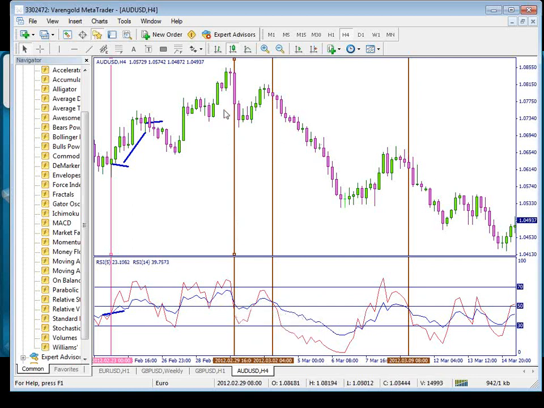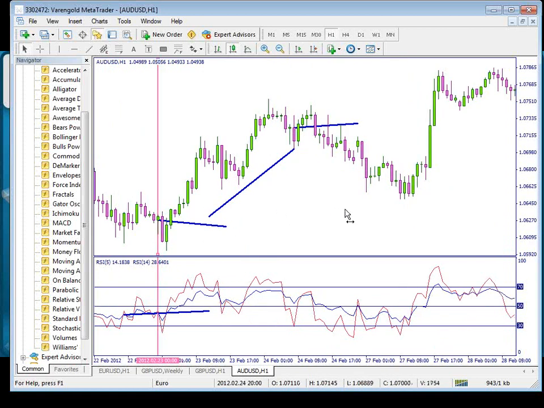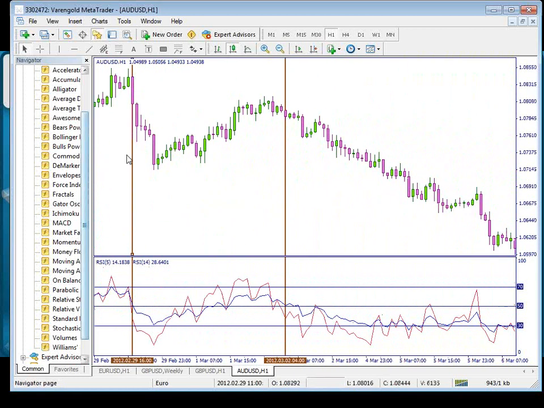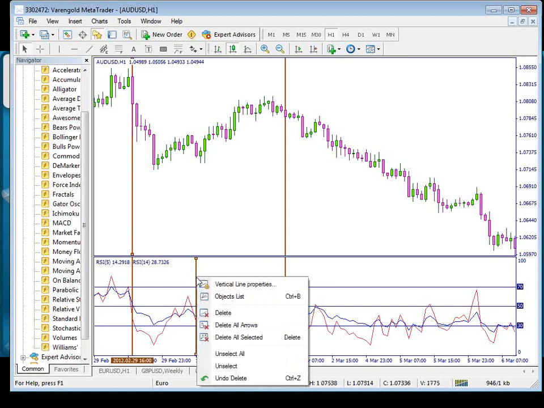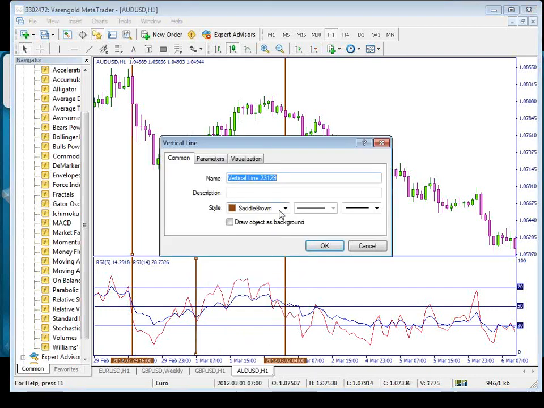Let's see in this area how many signals we have for 1 hour. I will change the color again because I want you to see better that we have more signals in a smaller time frame than in a bigger time frame.